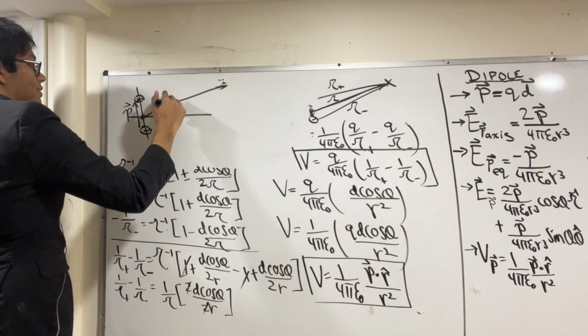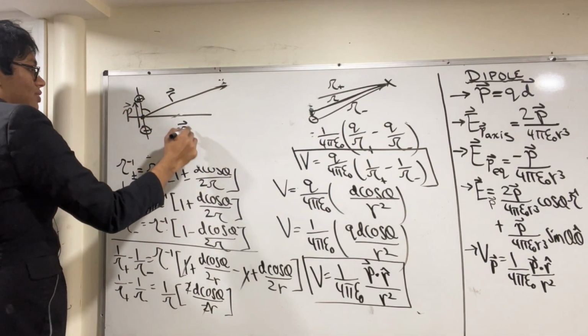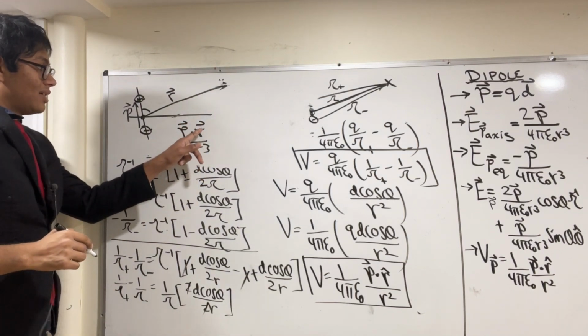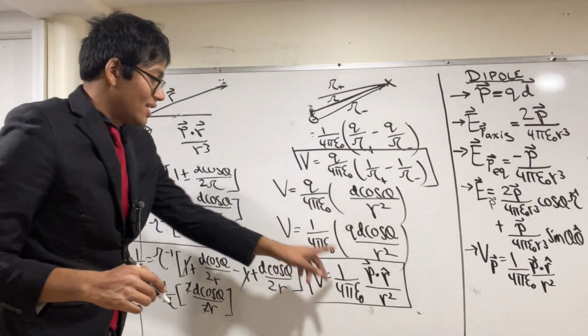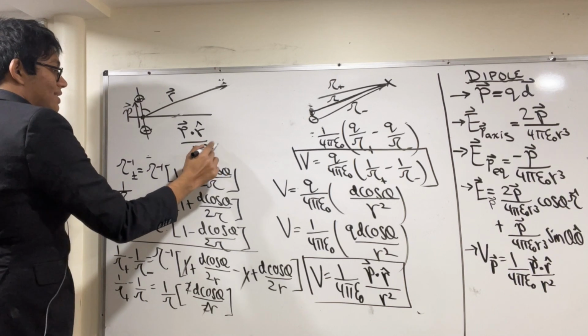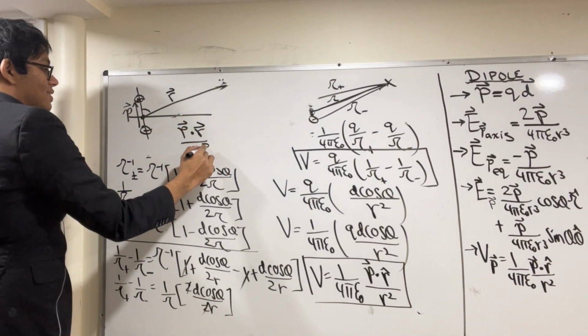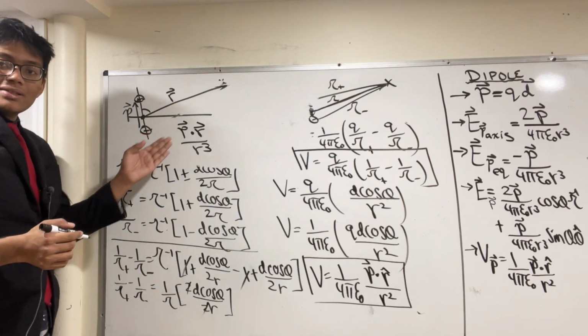Let's call that r. And if I take the dot product between p and r, over r cubed, because this is the not normalized vector. If I did normalize it, then it would just be r hat, and this would be r squared. But let's say I'm just taking the normal dot product without the unit vector, just for convenience. Then the dipole electric potential is just this.